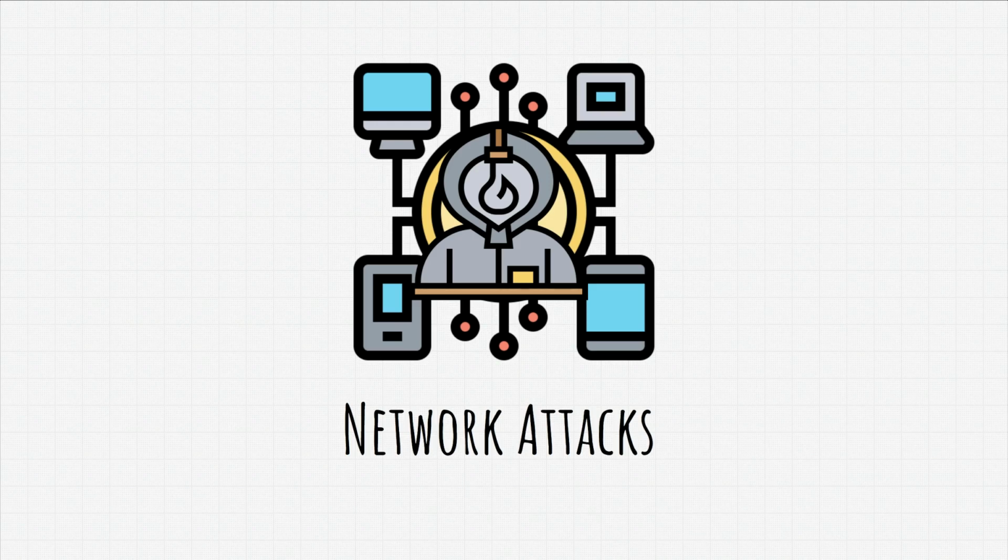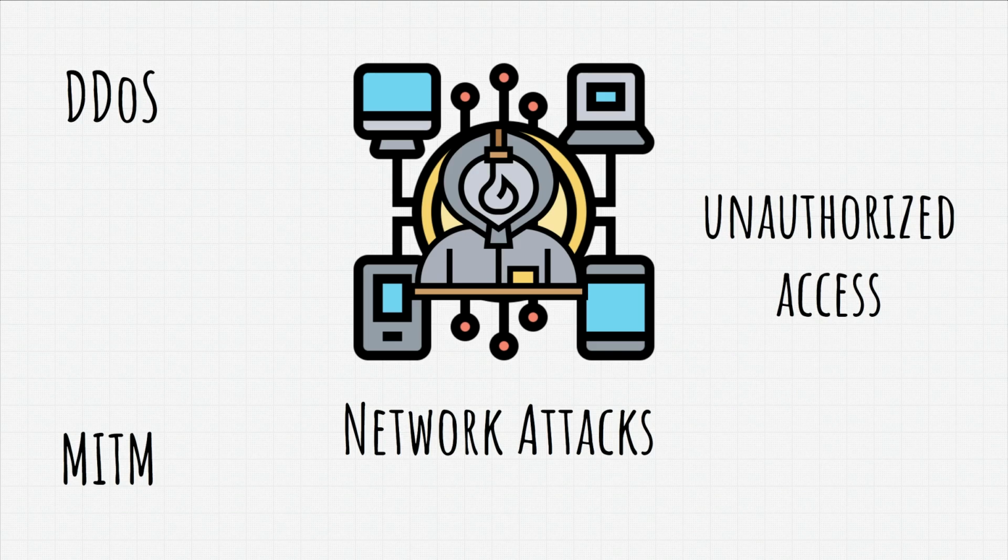We can briefly divide them into the most common network attacks, which are denial of service attacks, where larger botnets simply overload the traffic and make a service or the entire network unusable and unreachable. Besides these, we have the man-in-the-middle attacks and the attacks that we already covered, which are unauthorized access attacks, which can refer to an endpoint device or router being compromised, whether through a vulnerability or through a weak password.